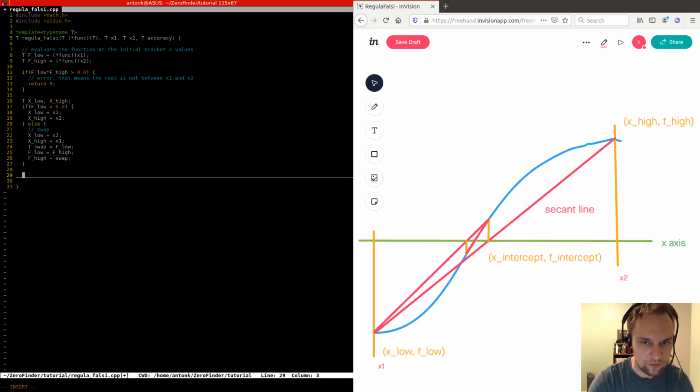Okay, so now we're going to enter the Regula Falsi loop. This is an iterative algorithm, and it's going to iterate until the error is smaller than our desired accuracy. So first we need to know the delta x, and declare some variables such as x-intercept, f value, and error.